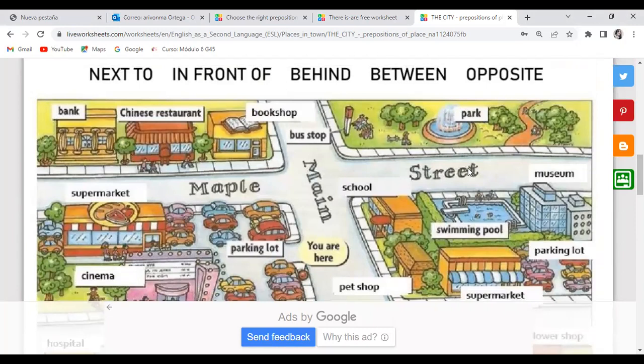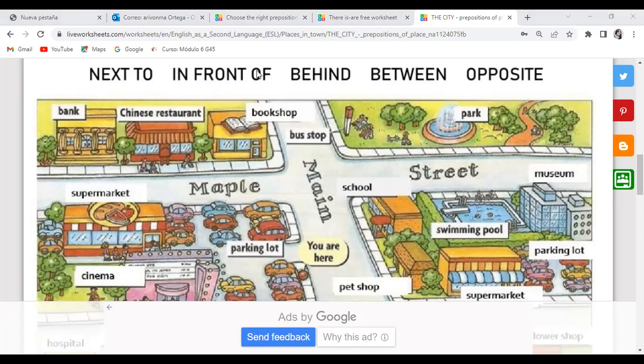Tell me if the park and the swimming pool are face to face. Yes or no? If they are face to face, what preposition are you going to use? In front of or opposite, guys? Tell me. What is the preposition that you use? Anybody? Any volunteer?